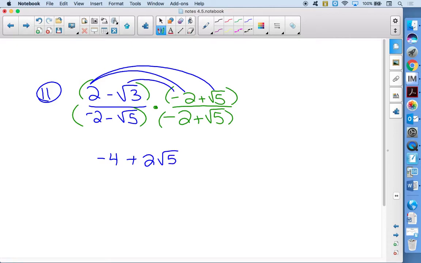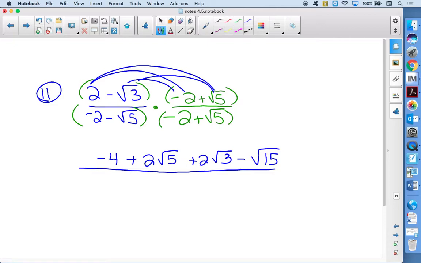My middle terms here, I have a negative square root of 3 and a negative square root of 2. I'm just foiling. Does anybody know what the last term would be if I have a square root of 3 times a square root of 5? Negative square root of 15. Very good. Negative square root of 15.